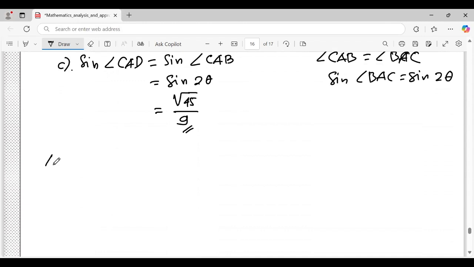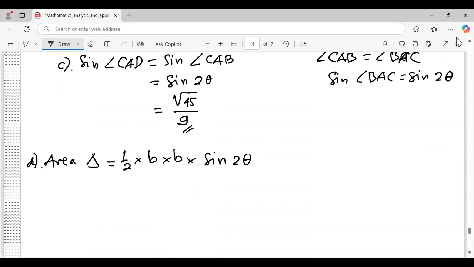Let's recalculate the area. The area of the triangle is 1/2 times B times B times sine 2 theta.